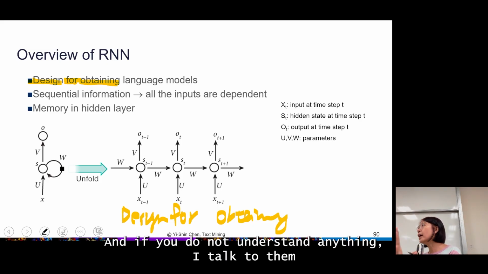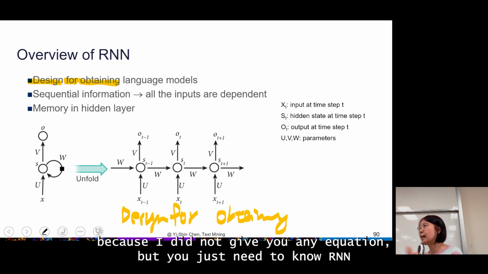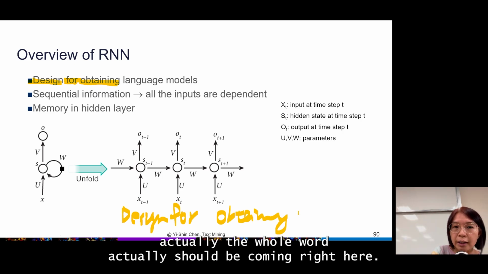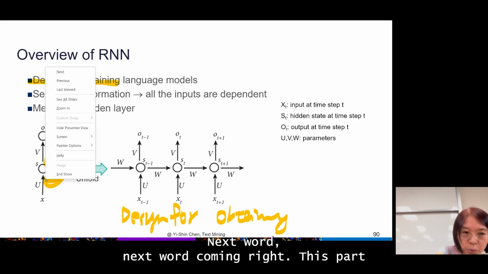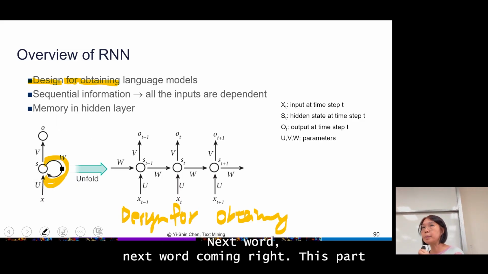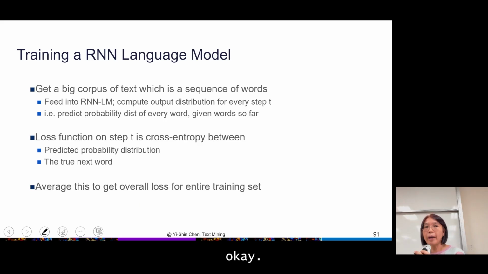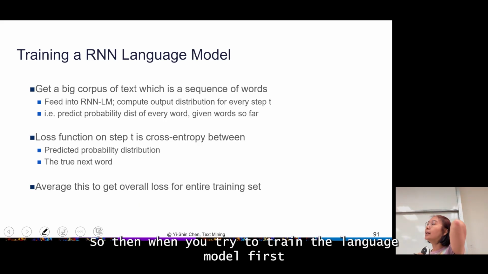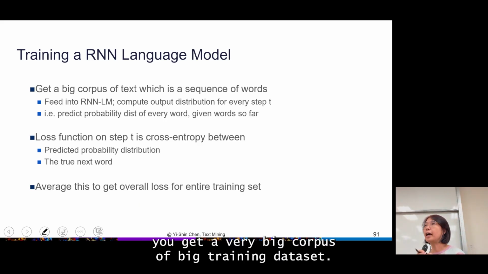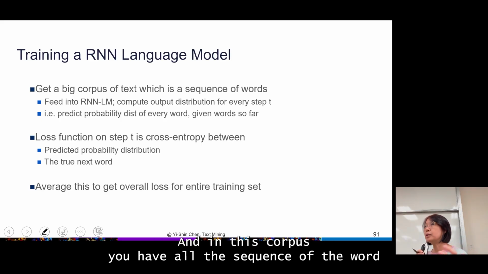If you do not understand what I'm talking about, because I did not give you any equation, you just need to know that in the RNN, the whole word sequence comes right here. That is the next word, next word, next word coming in this part. When you train the language model, first you get a very big corpus, a big training data set, and in this corpus you have all the sequences of words.